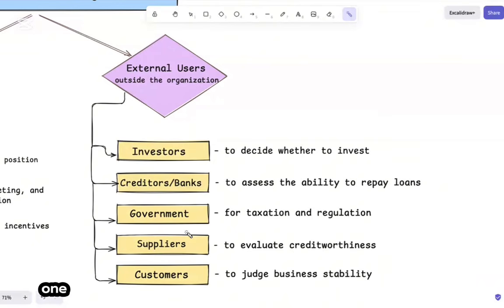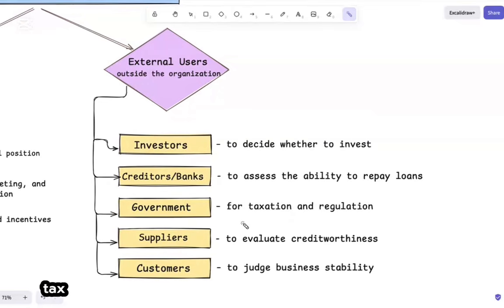The next one is the government. Of course, the taxation authority should be aware of their activities and how much profit they make in order to collect tax. And the suppliers use accounting information to evaluate the company's creditworthiness. For example, before selling goods on credit, a supplier may check whether the company is financially stable enough to pay them.